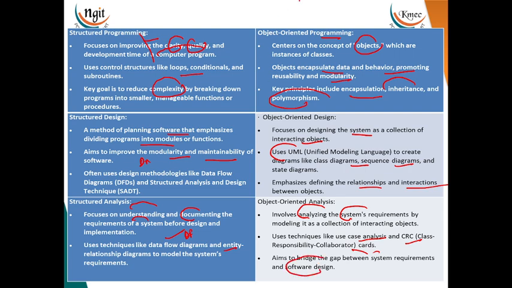The major goal of object-oriented was to reduce the gap between software requirements and software design. Structured programming was there in the 70s and 80s, and object-oriented in the 80s to 90s. Correct? Now let's move on to the slide.